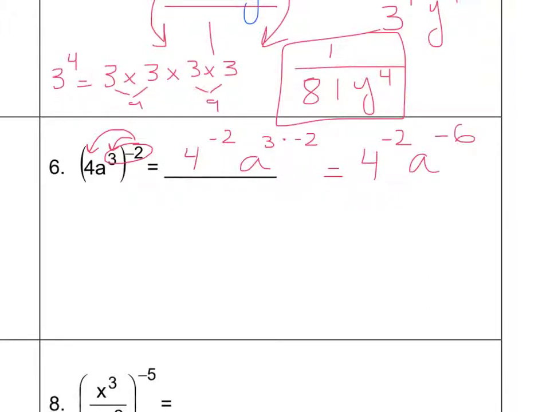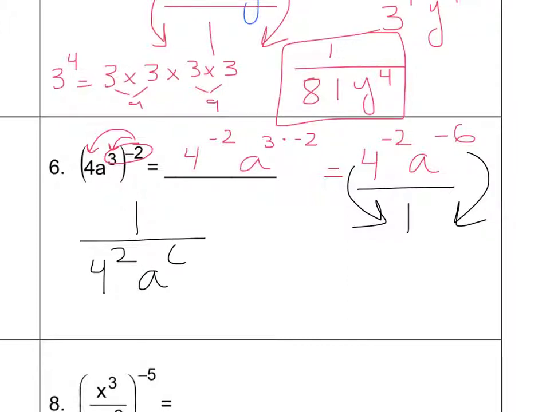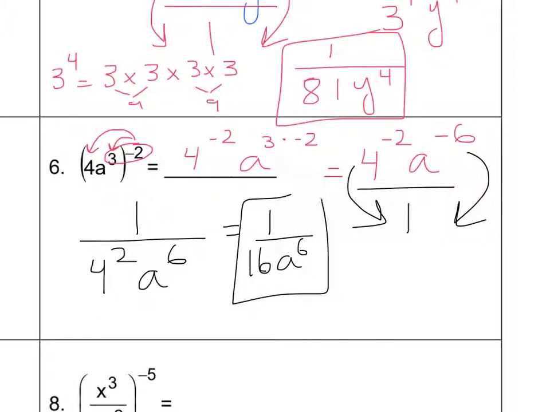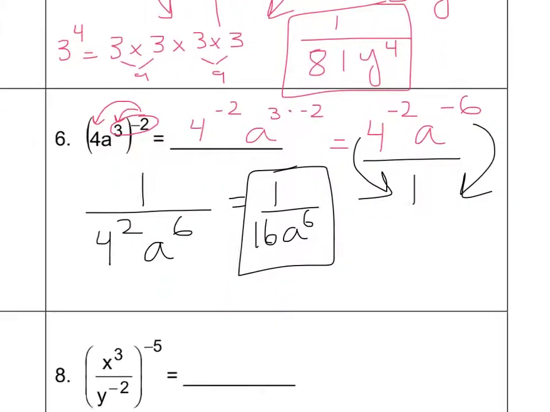Remember, a power to a power means you have to multiply those powers. Now, since they are negative, you have to flip the fraction and move them down. So it's going to be 1 over 4 to the 2nd and a to the 6th. So it's 1 over 4 times 4, which is 16, a to the 6th, and that would be your final answer. Now let's move on to number 8.